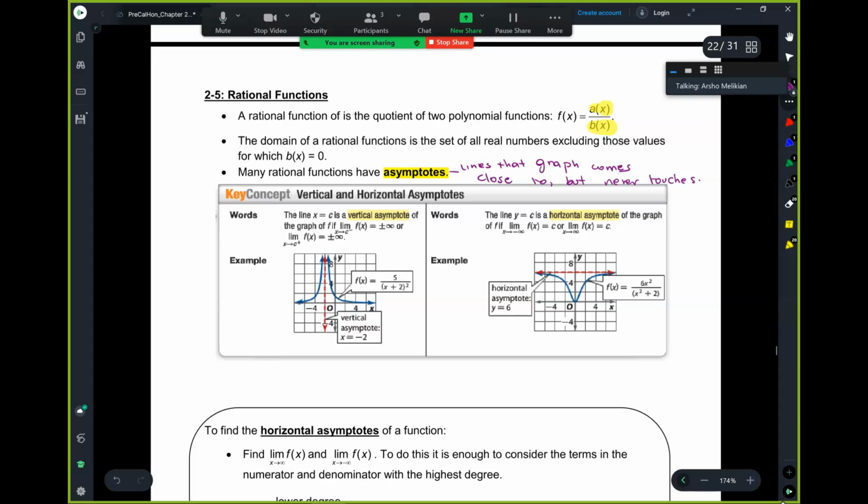So a rational function can have a vertical asymptote, or many vertical asymptotes, and it can also have horizontal asymptotes, right? So we're going to talk about all of the different possibilities today. Vertical, horizontal, and also there are slant asymptotes, which we'll get to in a little bit as well.